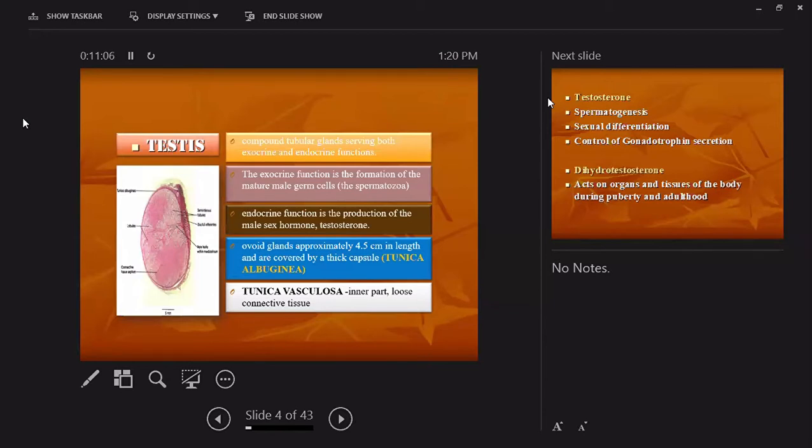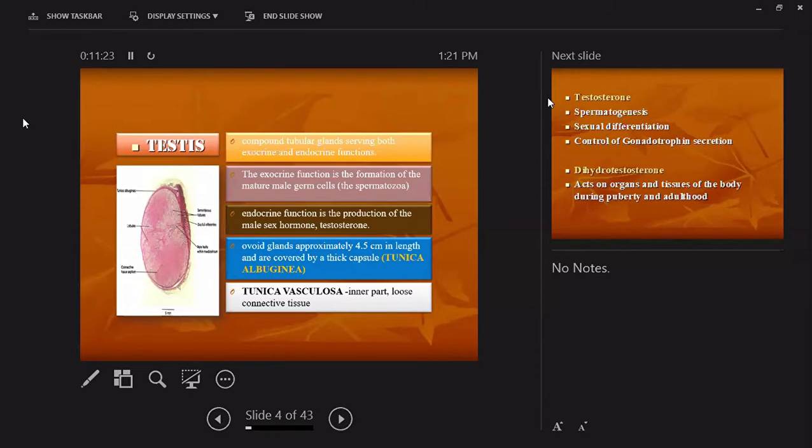And then these are compound tubular glands serving both exocrine and endocrine functions. So your testes have both exocrine and endocrine functions.